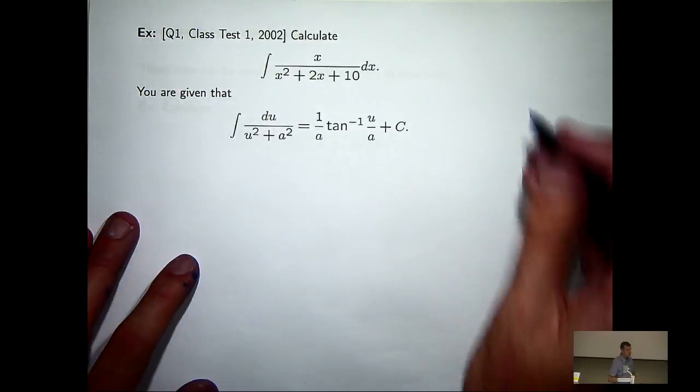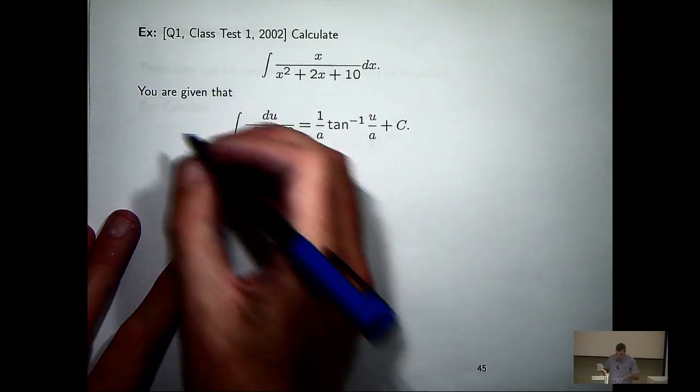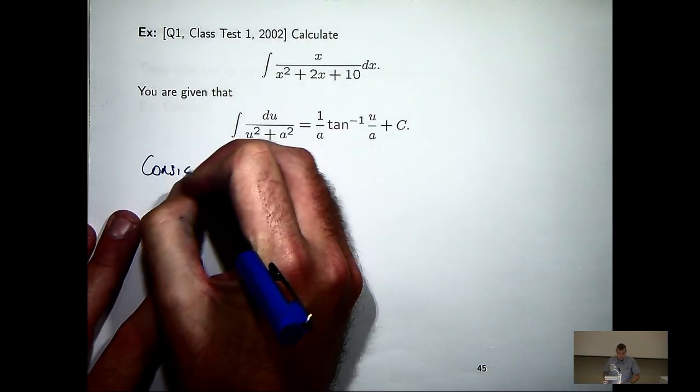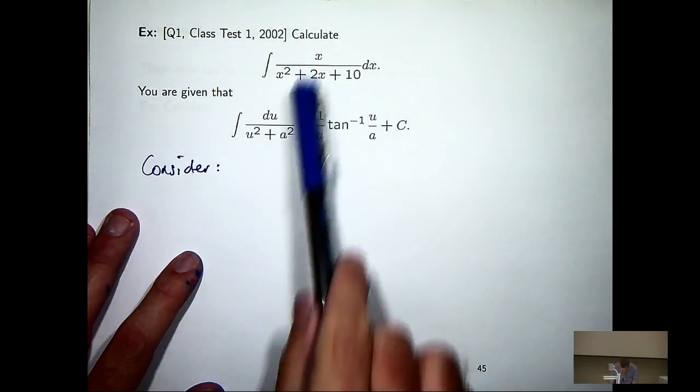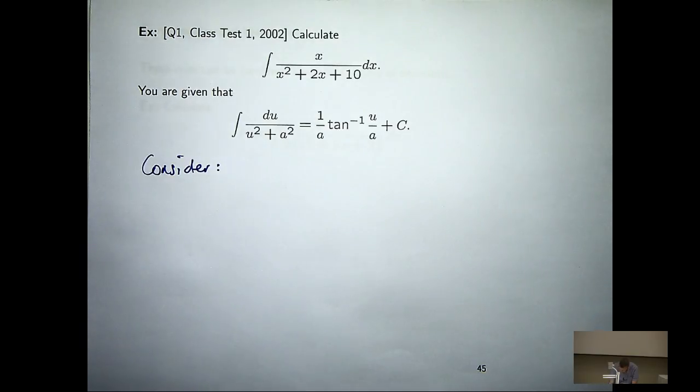So what I'm going to try to do is play with the numerator so I get the derivative of x squared plus 2x plus 10. So I need to turn that x into something like 2x plus 2. How can I do that?